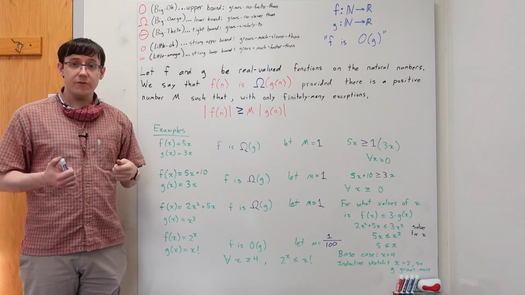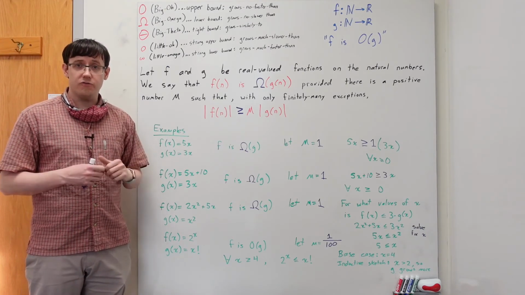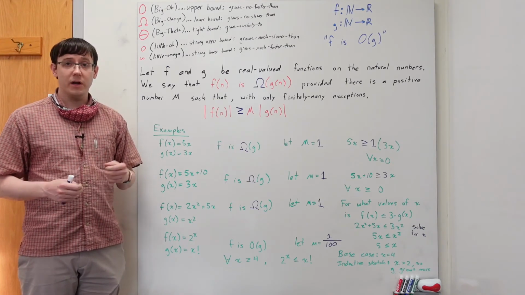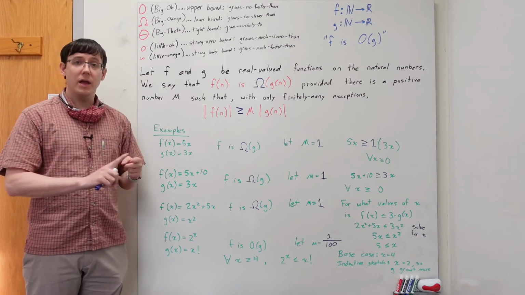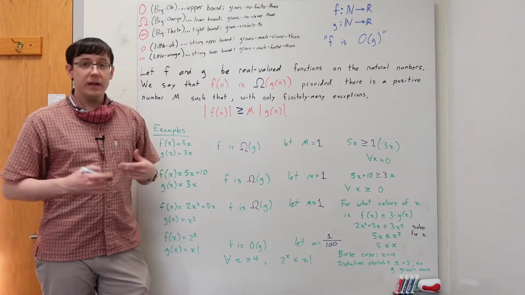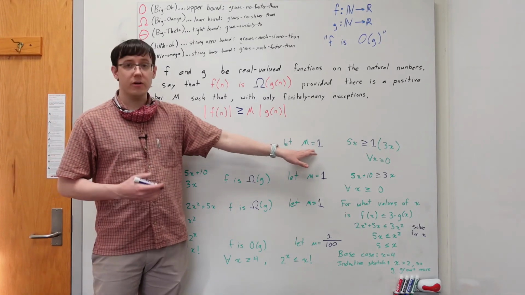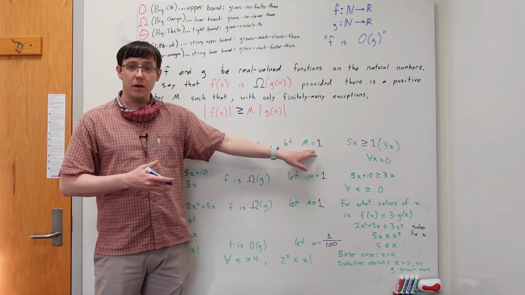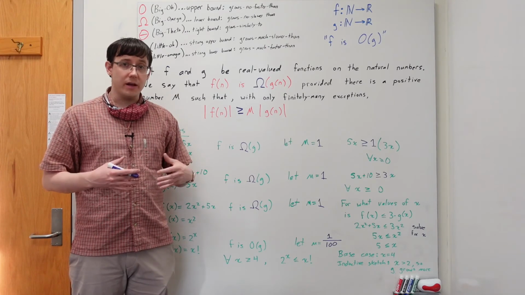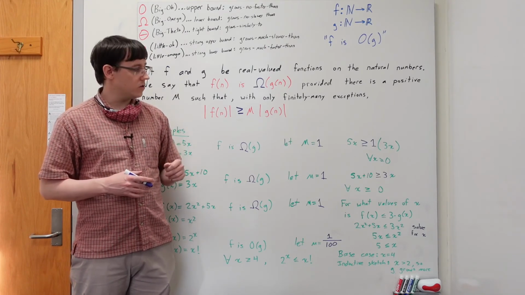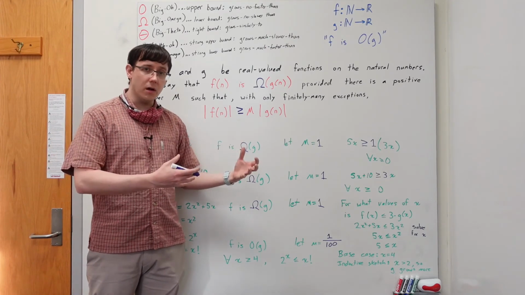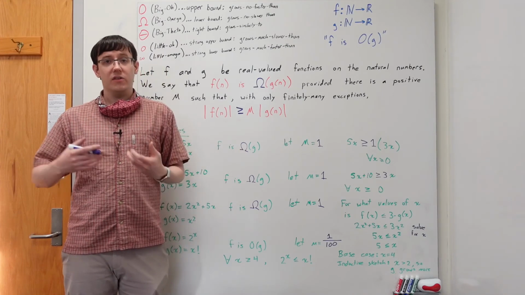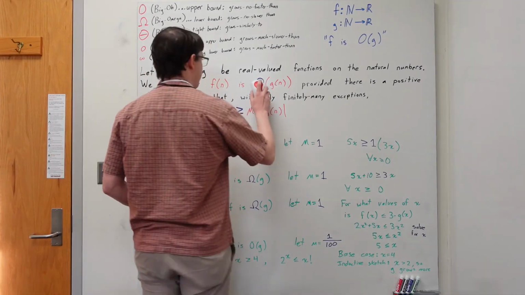We say that f is big theta of g if it meets the criteria for both big O and big omega. In general, we'll need a different value of m to get big O or big omega, and so we can define big theta as having two constants, one that gives us big O and another that gives us big omega.